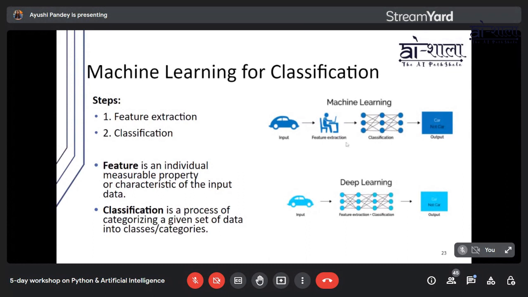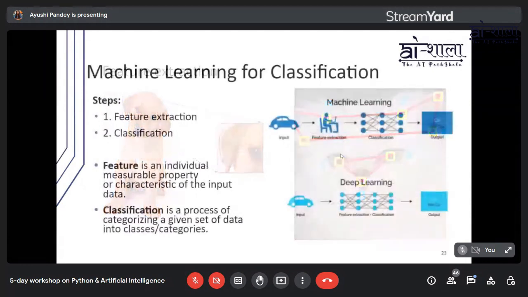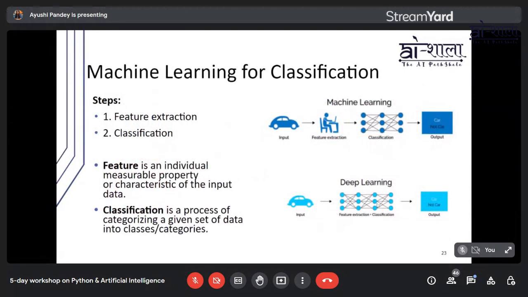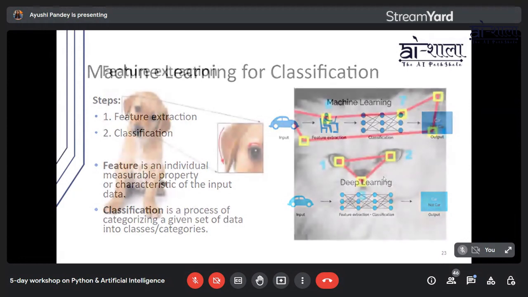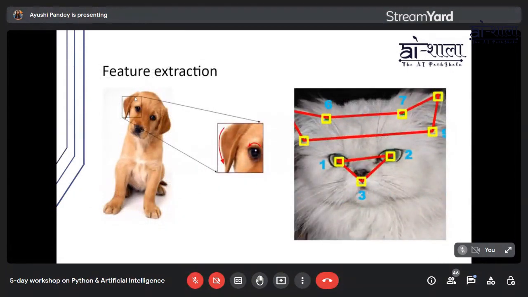So this is the step. First is feature extraction, then second is classification. For a machine learning program, we have to do the feature extraction, and we have to check whether the right features were extracted or not. But in deep learning, all that happens in the layers. Okay, so how are features extracted? For example, this is a dog.